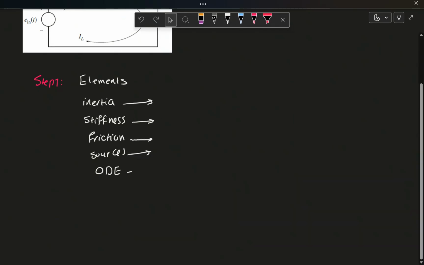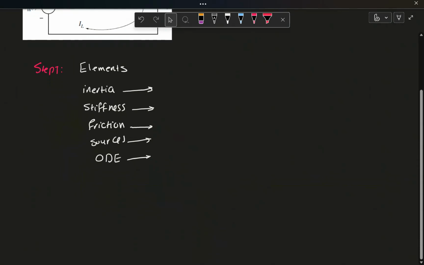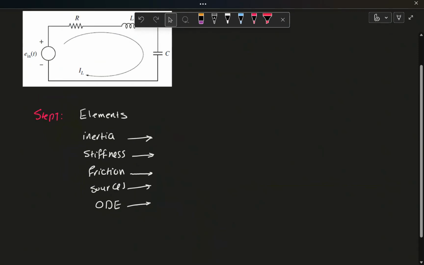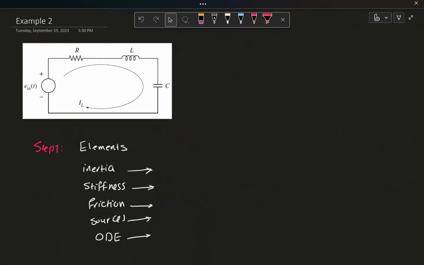Now, if you remember, inertia elements in electrical systems were the inductors. I have one inductor in this problem, and I'm going to list that inductor as my inertia element. Similarly, my stiffness elements were my capacitors.